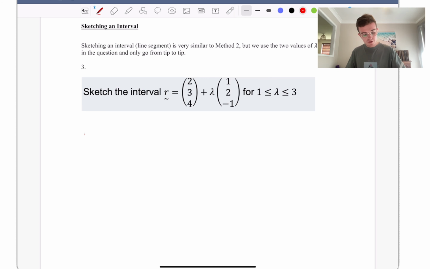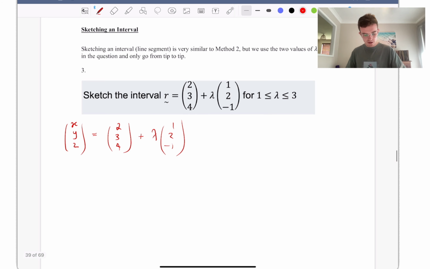So let's set lambda to be 1. I should stop saying r because that's not the vector equation of the line. We could just say x, y, z because we're finding a point, is (2, 3, 4) plus lambda (1, 2, -1). Let's set lambda to be 1.